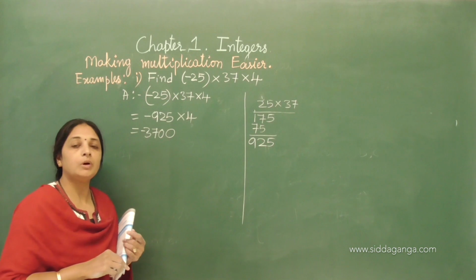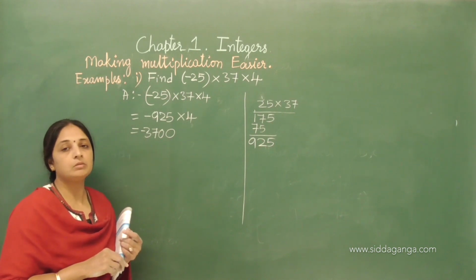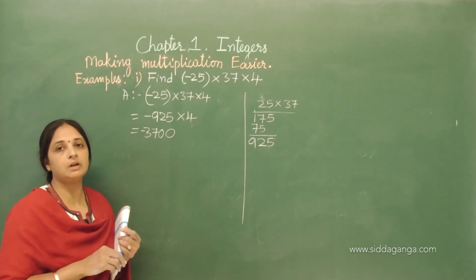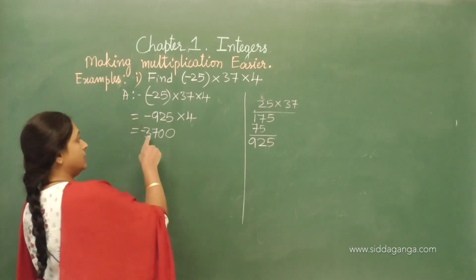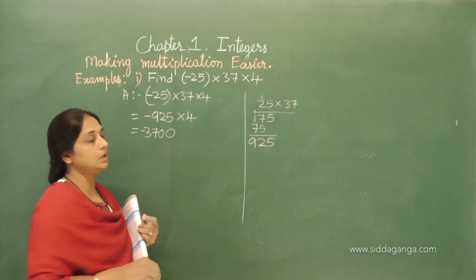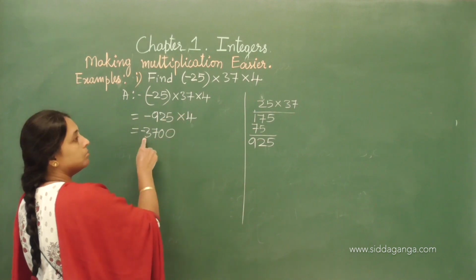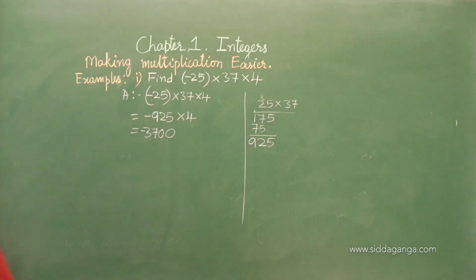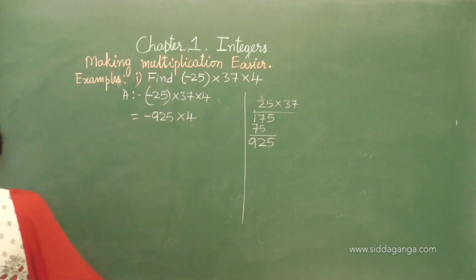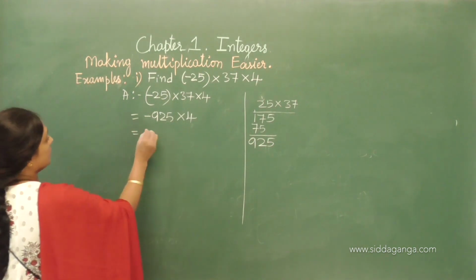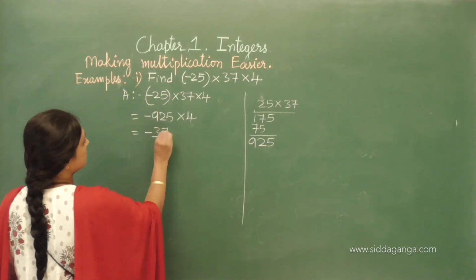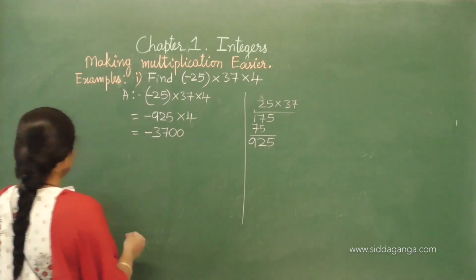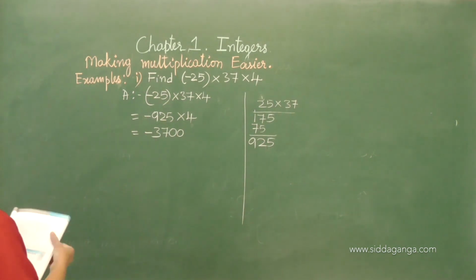Already we know about the multiplication of a negative and a positive integer: we always get a negative integer. Minus into plus is minus. It's minus 3,700.